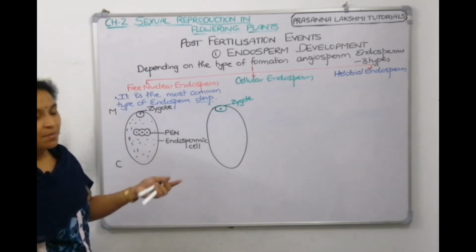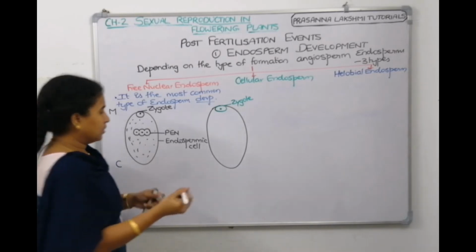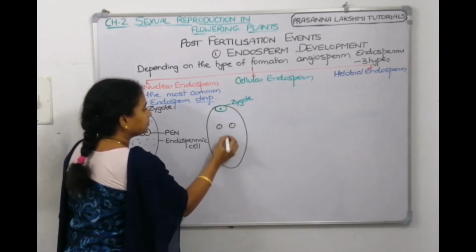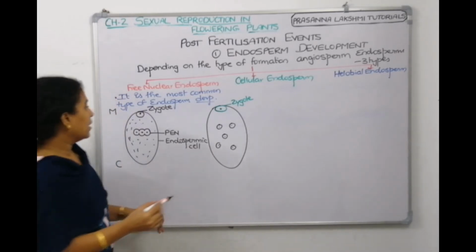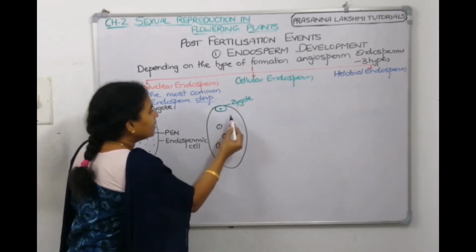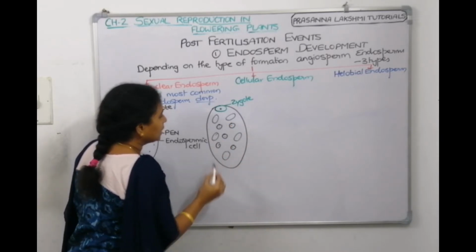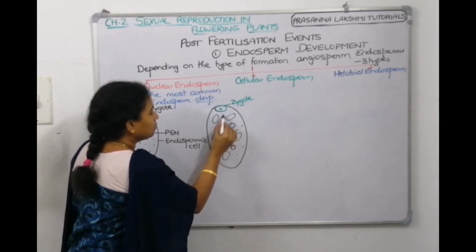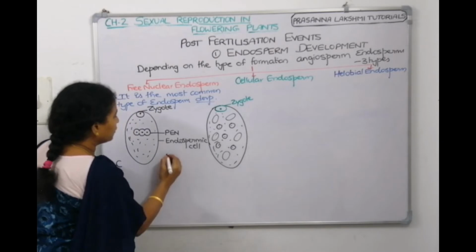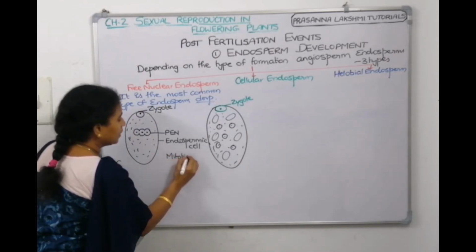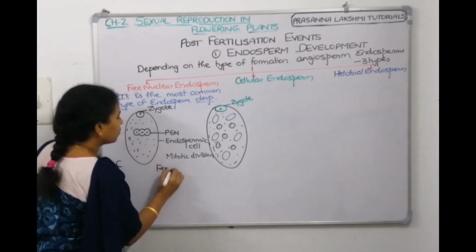PEN is doing only nuclear divisions and it makes many nuclei like this. Cytoplasm will be there, and here and there vacuoles are there. These are the vacuoles. These are mitotic divisions only, but they are only nuclear divisions.